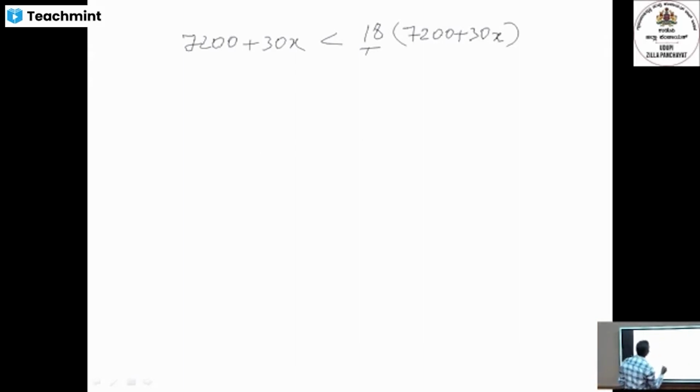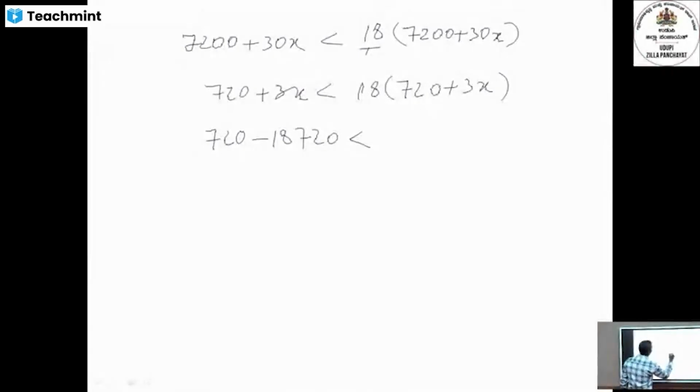So this will be around 720 plus 3x less than 18 times 720 plus 3x. These are very big numbers. So 720 minus 18 times 720, less than 18 into 3, that is 54x minus 3x.